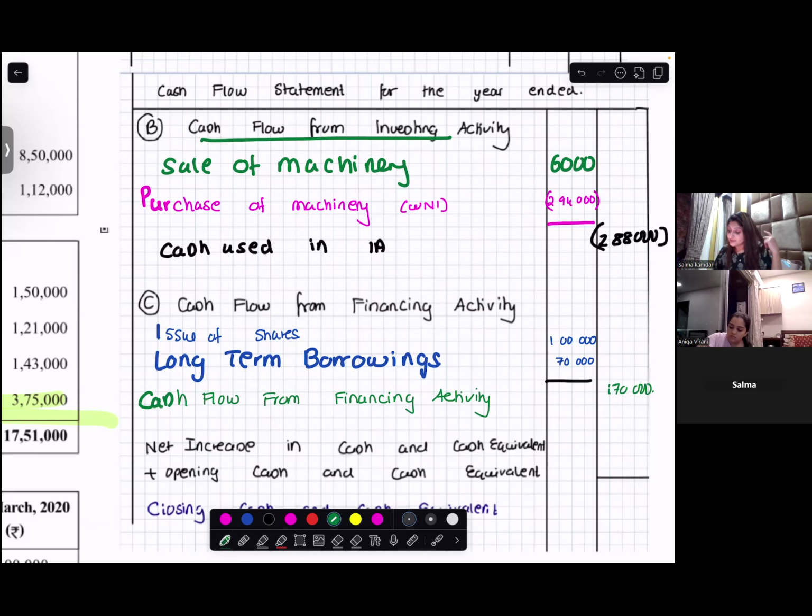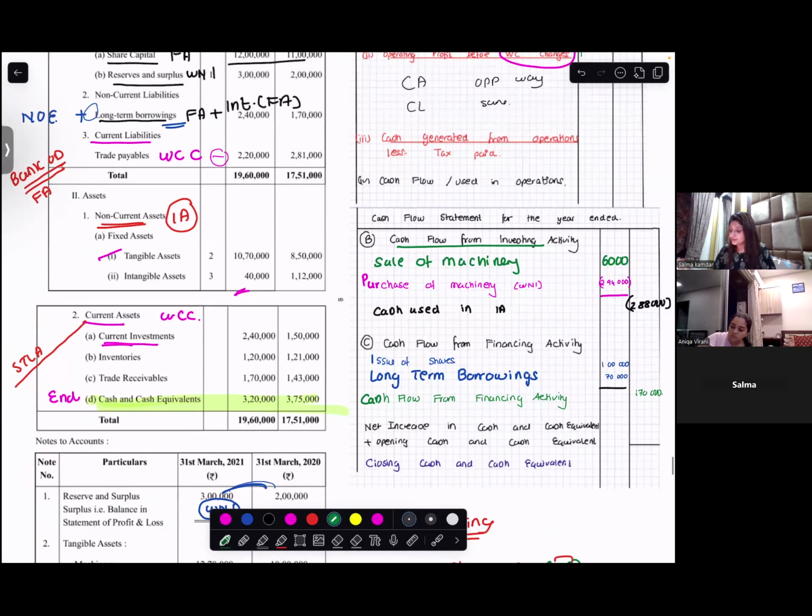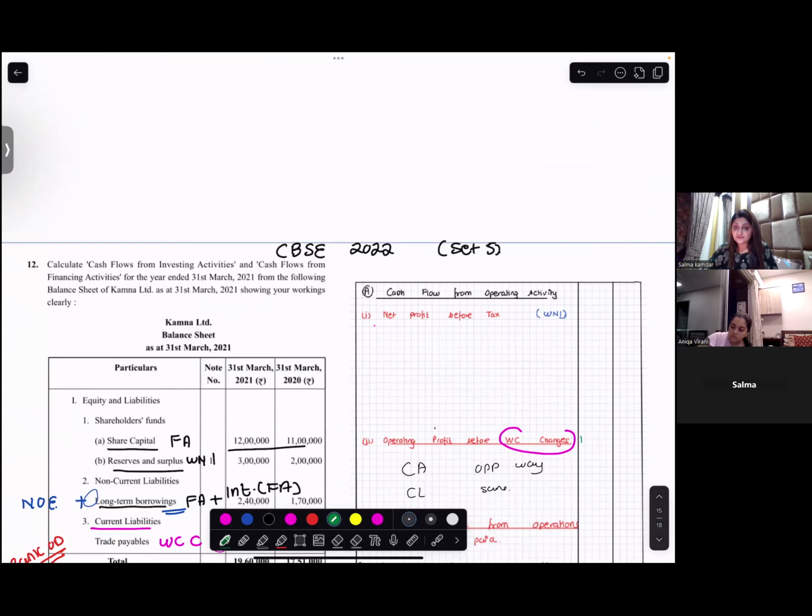So we are done with this CBSE question, Set 5 2022. It's a 6 marker. A 6 marker should not take you more than 12 minutes.